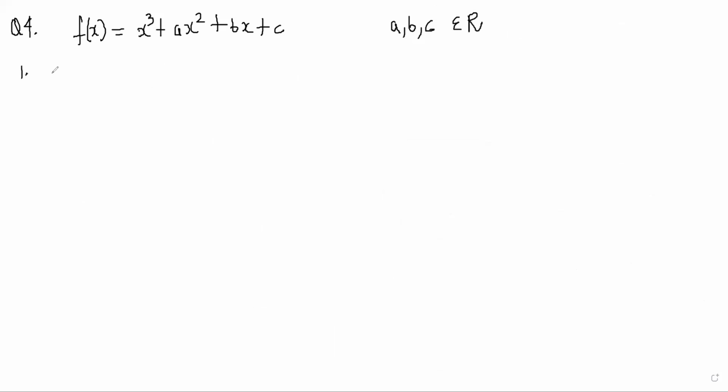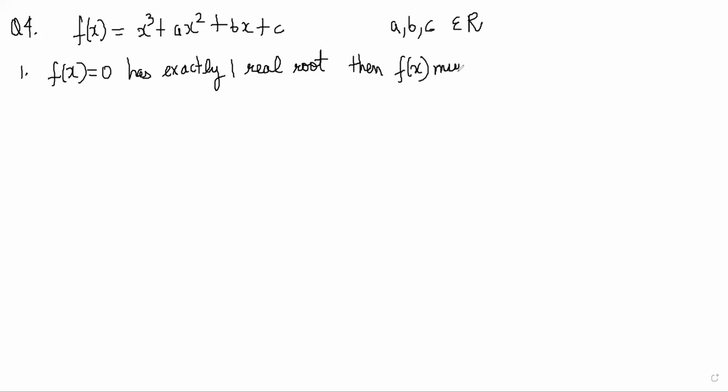You have to select multiple correct options. The first option: if the equation f(x) equal to 0 has exactly one real root, then f(x) must be strictly increasing on R. Tell me about this option first. Do you think it is right or wrong?